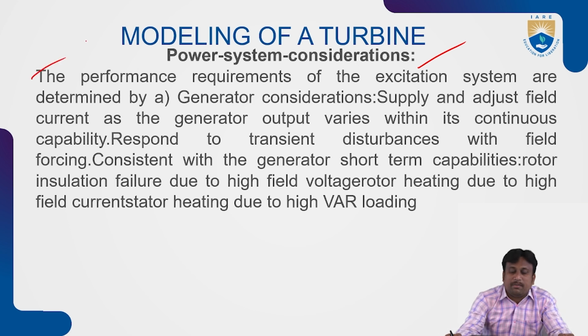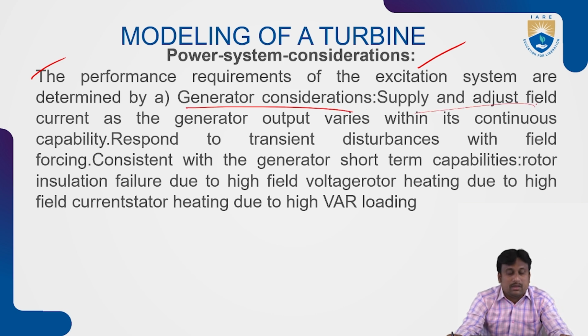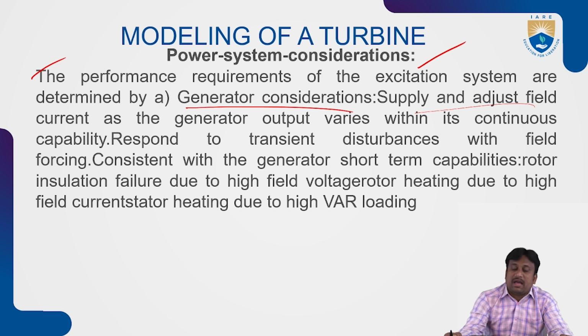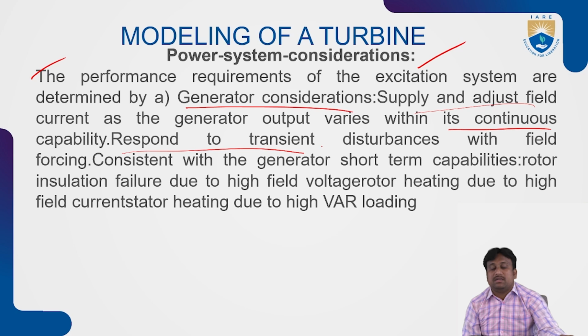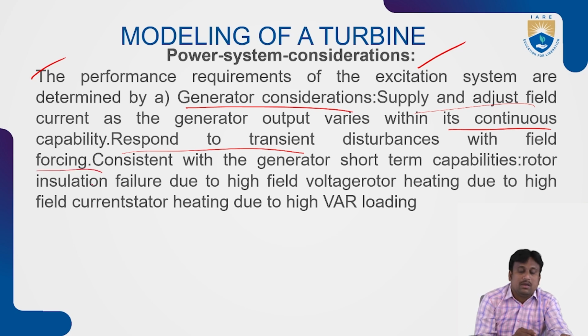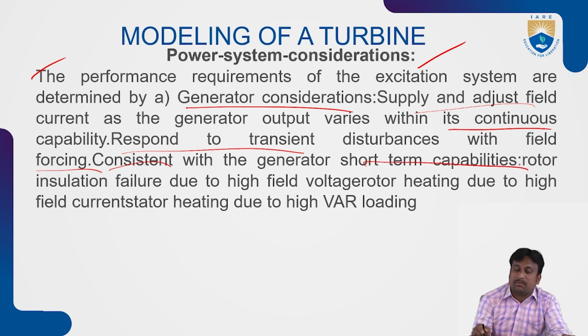These are the performance requirements of the excitation system, which are determined by generator considerations, which will supply and adjust the field current. As the generator output varies within its continuous capability, it will respond to transient disturbances with field forcing, consistent with the generator short-term capabilities, rotor insulation failures due to high field voltage, and heating due to high field current.